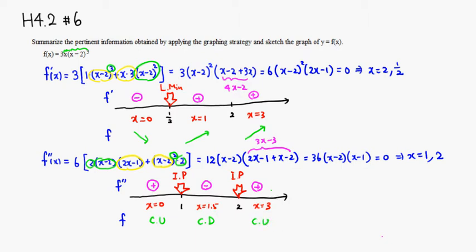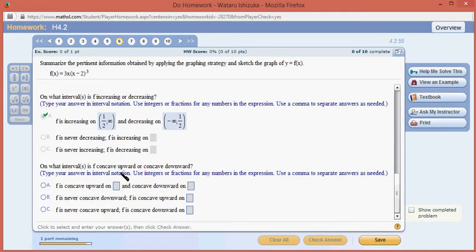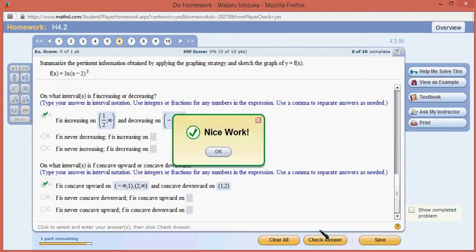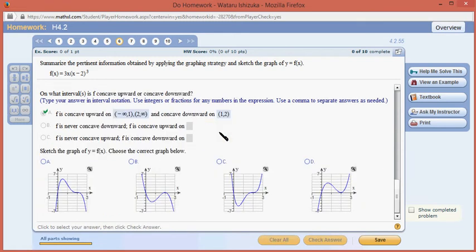So f is concave upward on the interval negative infinity to 1, and also 2 to positive infinity, and concave down in between 1 and 2. Let's check that. Got that.